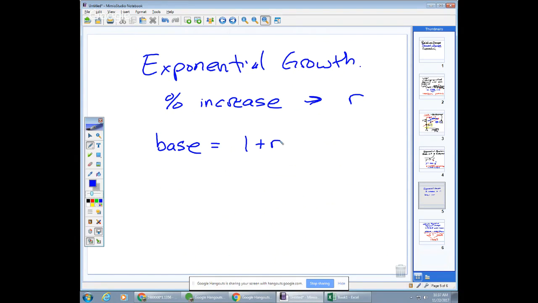So 1 plus 13% as a decimal gave us 1 plus 0.1356, which is 1.1356, for example. But you have to change the percent to a decimal to make all that work.